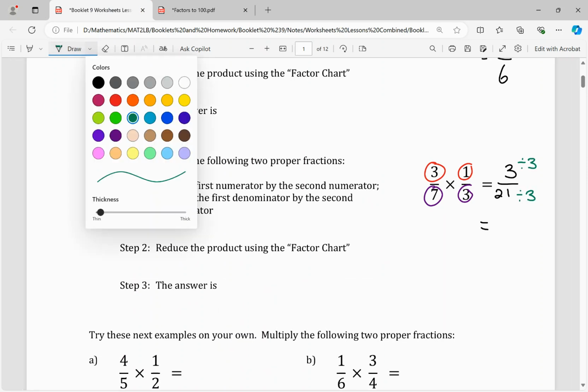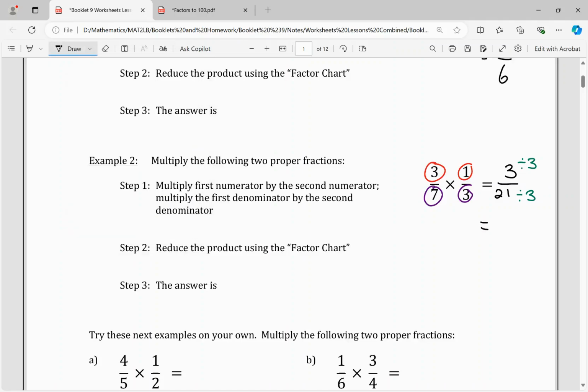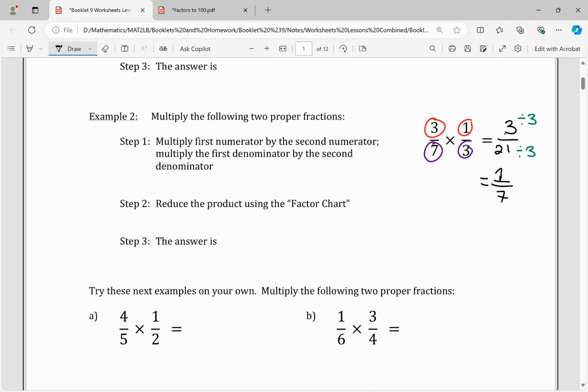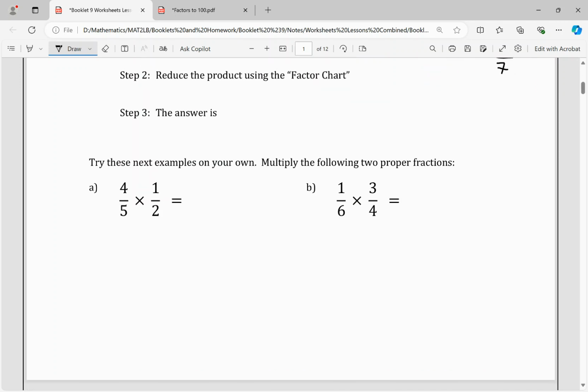And using whatever strategy you prefer, whether it's your head, your calculator, or the factor chart, you need to find out that 3 divided by 3 is 1, and 21 divided by 3 is 7. So, in other words, 3 over 7 times 1 over 3 is equal to 1 over 7. Try these next couple examples on your own, and then make sure that your answers match mine.